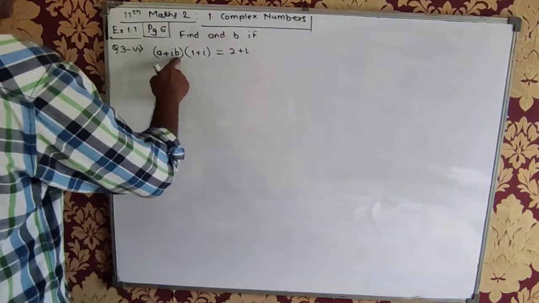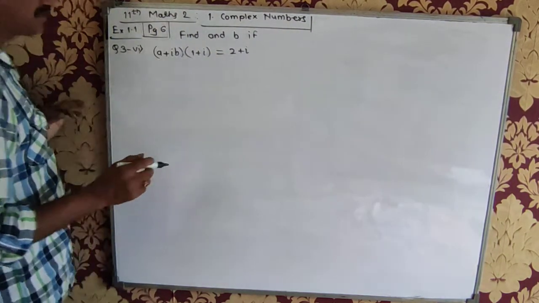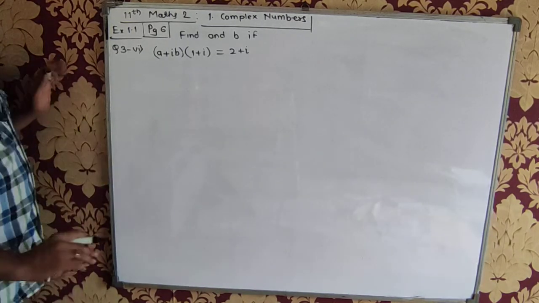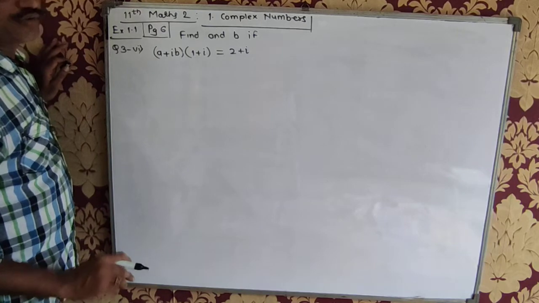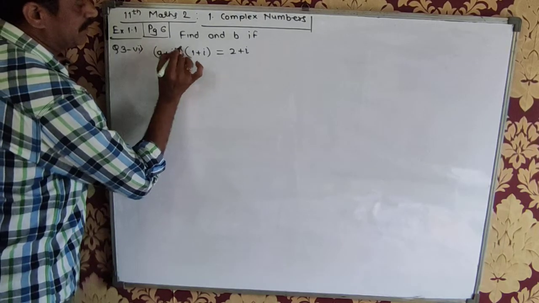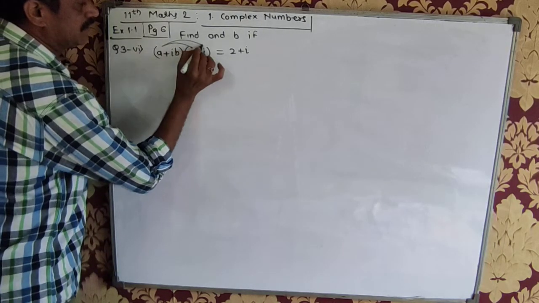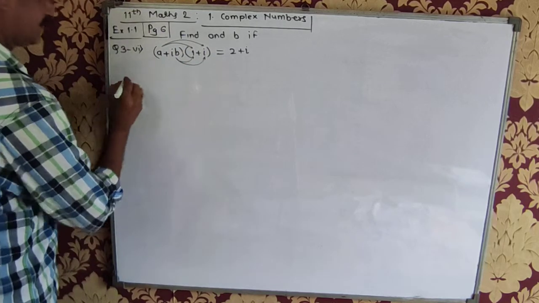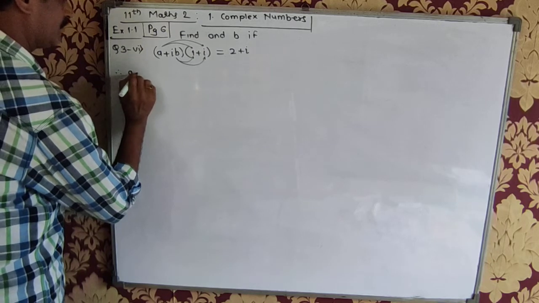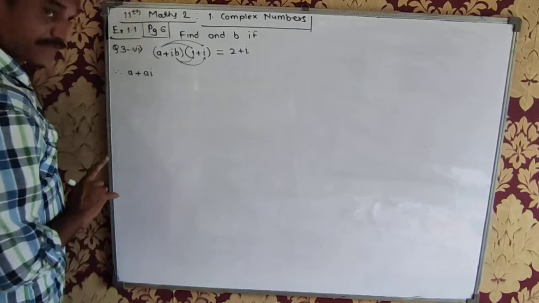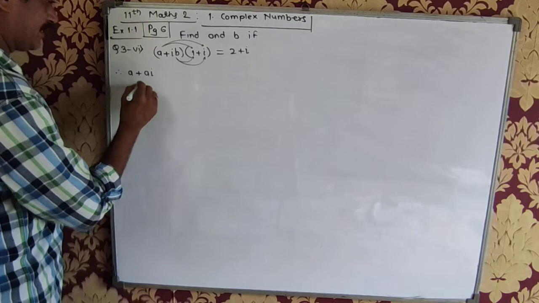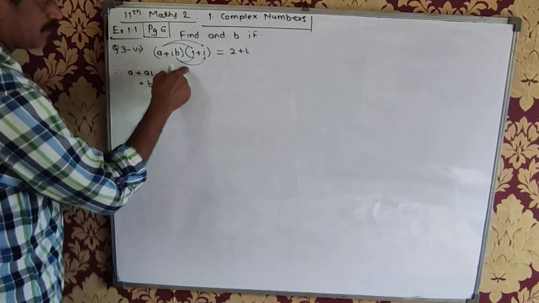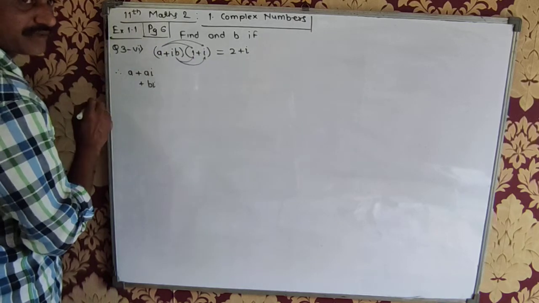(A plus iB) into (1 plus I) is equal to 2 plus I. Now we just have to open the bracket. This is a simple multiplication. Here this will explain to you how to do the multiplication of two complex numbers. We just have to open the bracket. So what do you get there? A plus AI plus BI, imaginary part below imaginary part, plus BI square, but I square is minus 1.